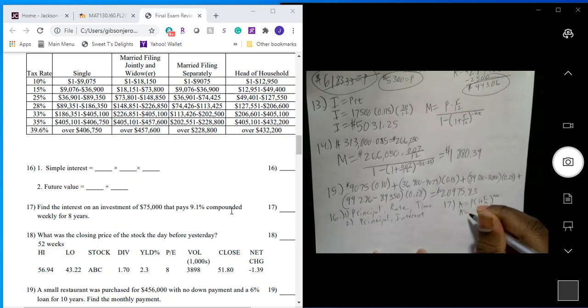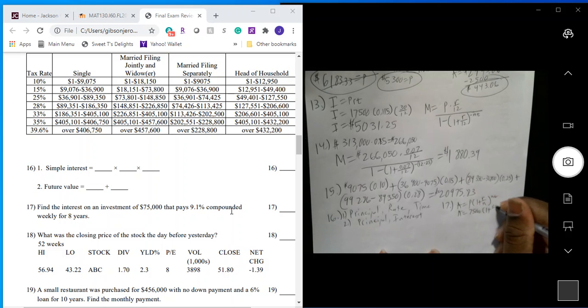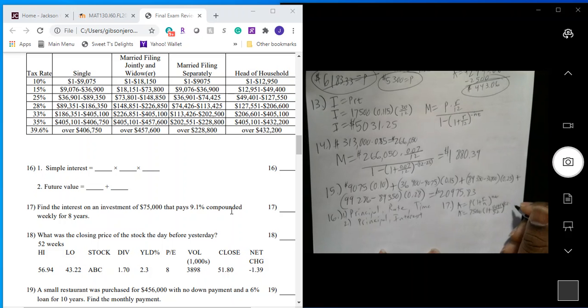The principal is $75,000. The rate is 0.091. The number of times it compounds is weekly, so it's 52. So then it'd be 52, and then the years would be 8.